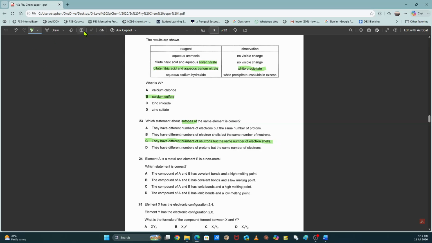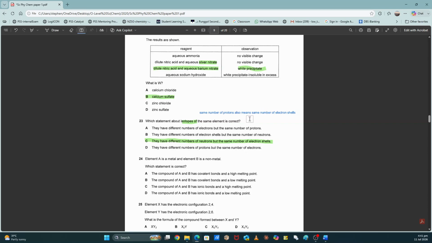So maybe you can write this out. This is a very unique answer. So same number of protons.